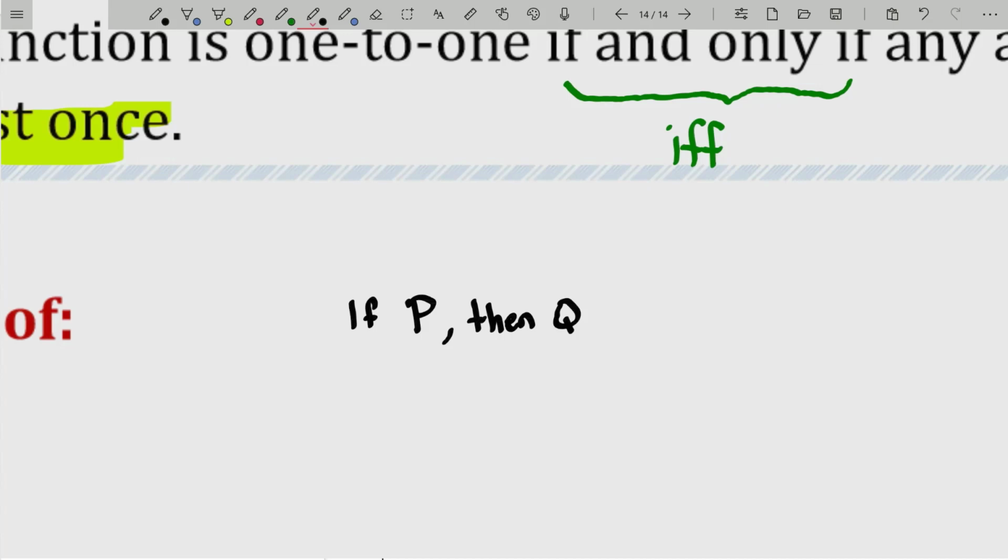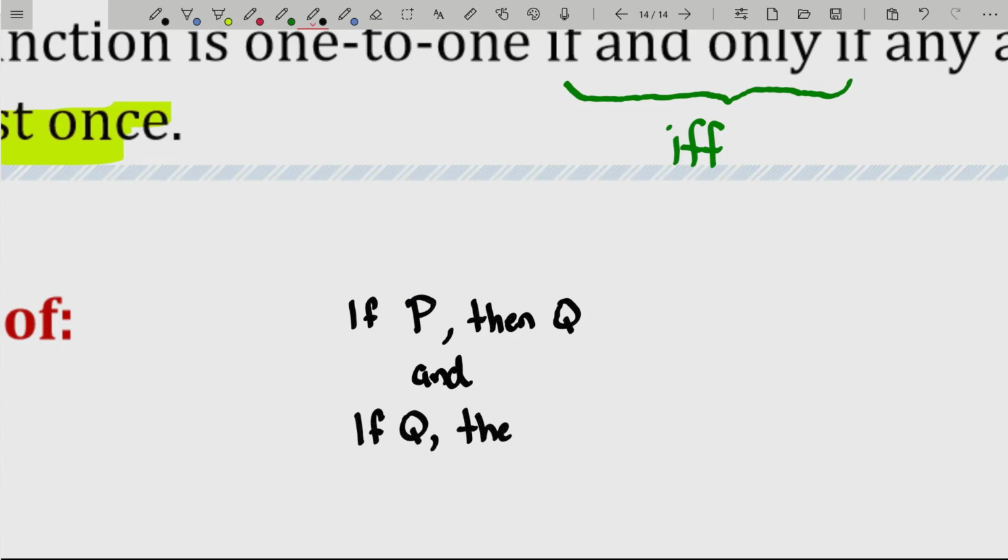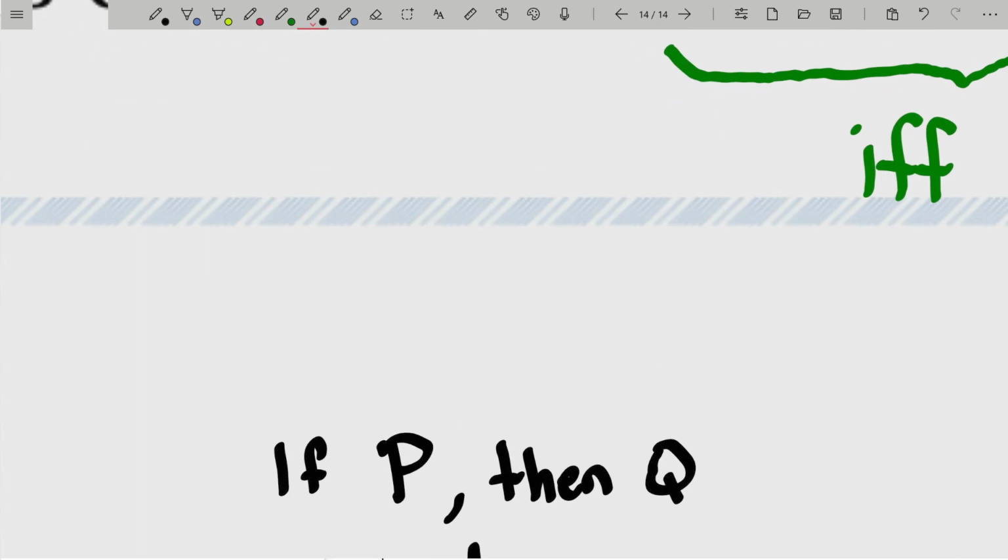However, if and only ifs work both ways. They work not only if P, then Q, but also if Q, then P. For example, something that is not an if and only if: if it's raining, then it's cloudy. That makes sense. If it's raining, then it's got to be cloudy.